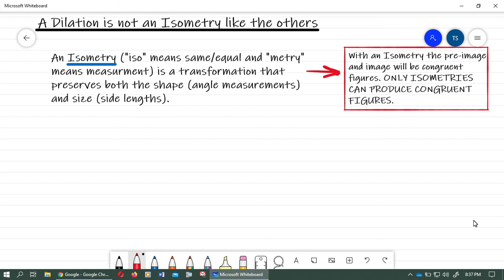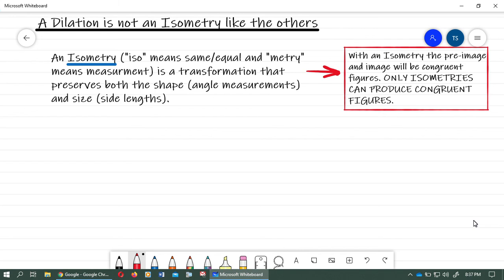It has to get bigger or it has to get smaller. So a dilation is not an isometry, because a dilation does not preserve the size.